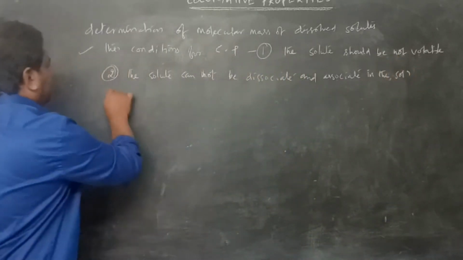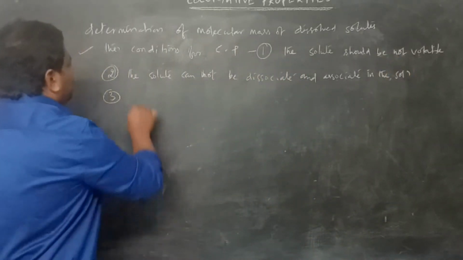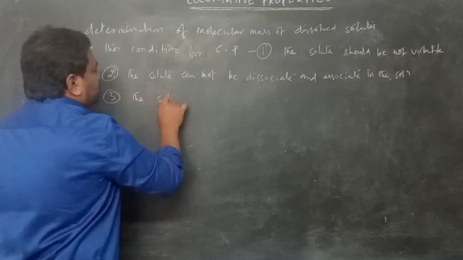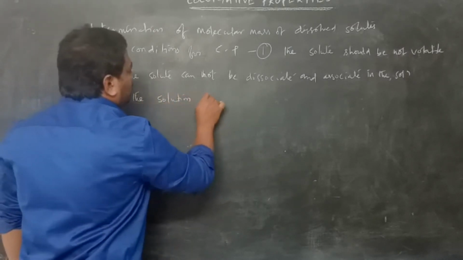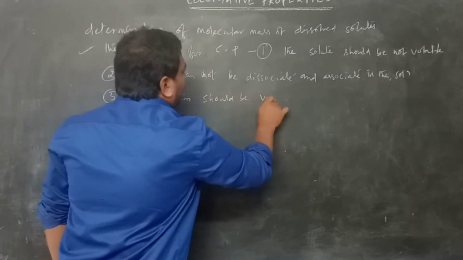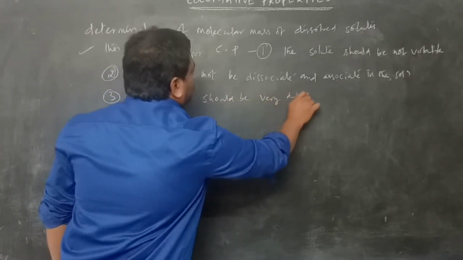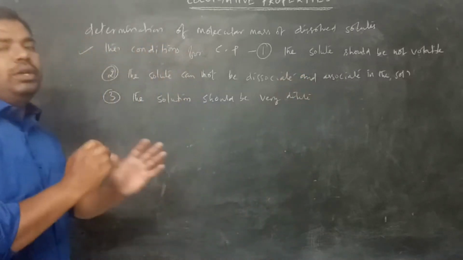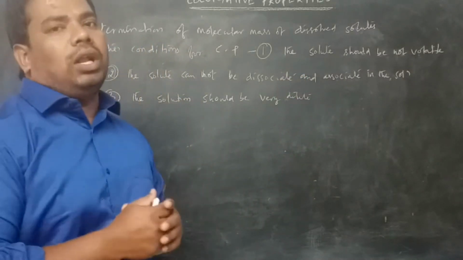The third point is that the solution should be very dilute. So these are the conditions of colligative property.